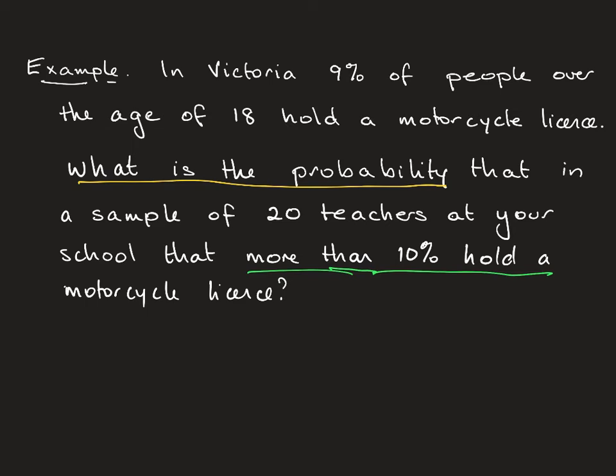So what we're looking for here is the probability that p hat is greater than 0.1, because we're after the probability that more than 10% of the sample, so this is our p hat value.